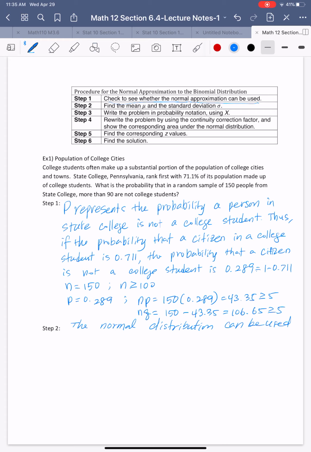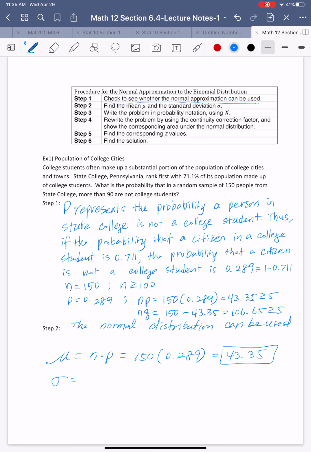In step 2, we find mu and the standard deviation sigma. Mu is n times p, which is 150 times 0.289, equal to 43.35.